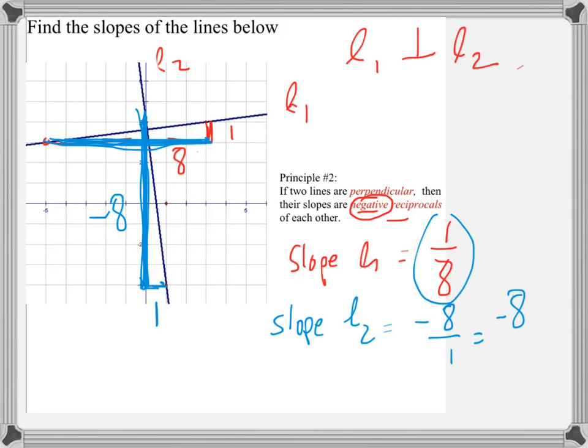So if we look at the relationship between 1/8 and negative 8, 8 and 1/8 are reciprocals, and positive and negative are opposites. Okay, so let's say that I give you a slope, let's say that's negative 4, for instance, and I ask you to find the slope of the line that's perpendicular.